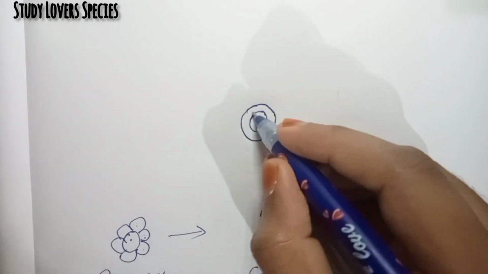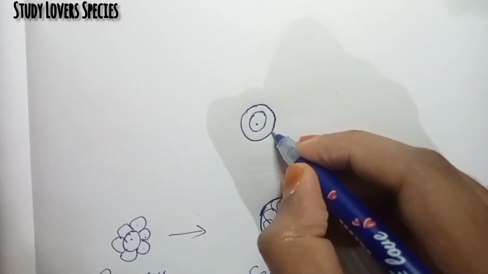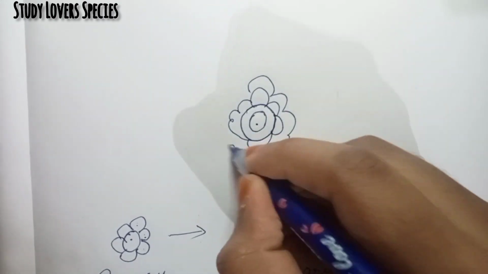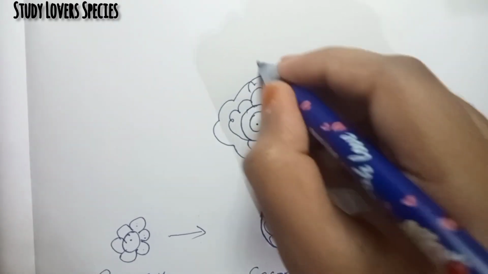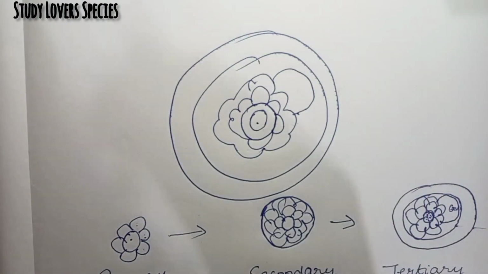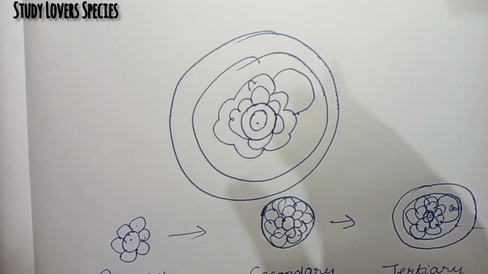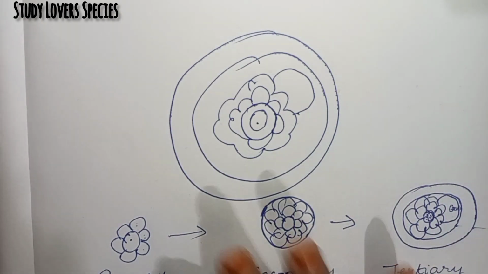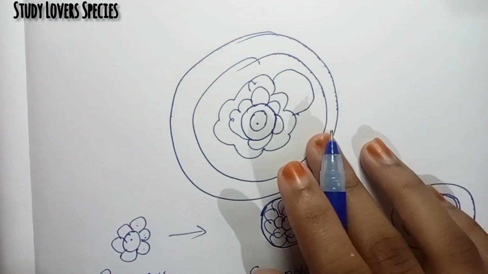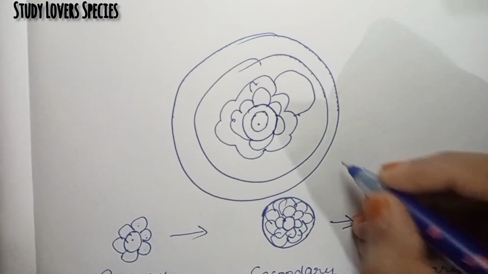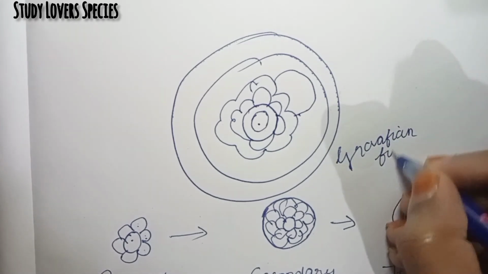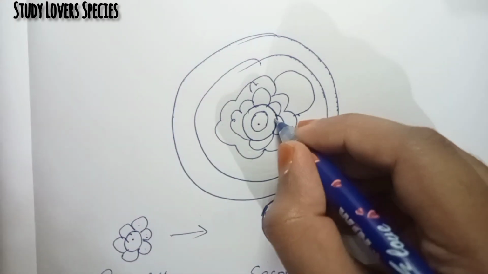As earlier, it has granulosa cells, the antrum, the inner theca interna and the outer theca externa. It will simply look bigger. I will explain the structure later. So this is the Graafian follicle, and this is the zona pellucida.